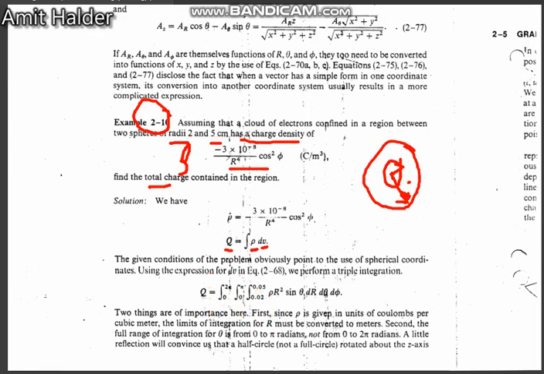And how could dV be calculated? Rho is there, but dV is r square sine theta dr d theta d phi. How can that be counted?